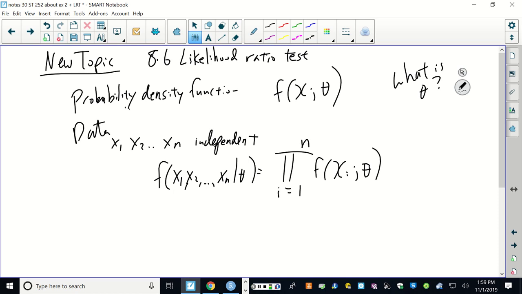The book writes the semicolon here. I sometimes write a straight line there to mean that's something as part of the model, and the data there are x. Viewing this thing, though, as fixed data points, and theta is our unknown parameter, we call this the likelihood for theta. Right?